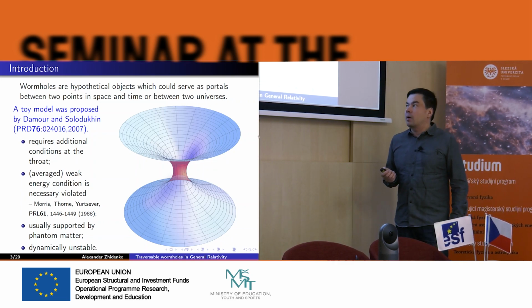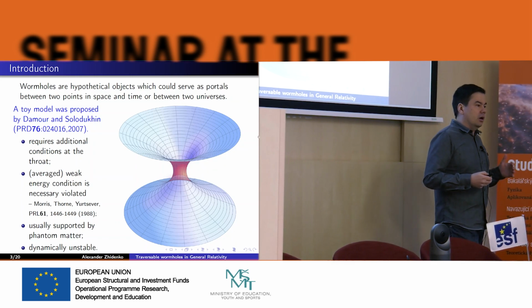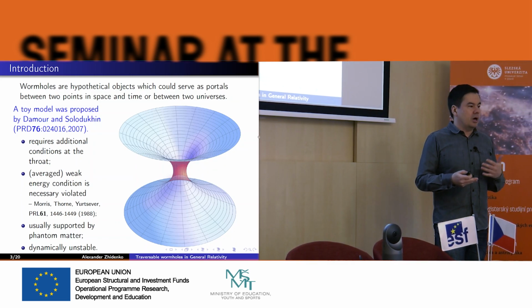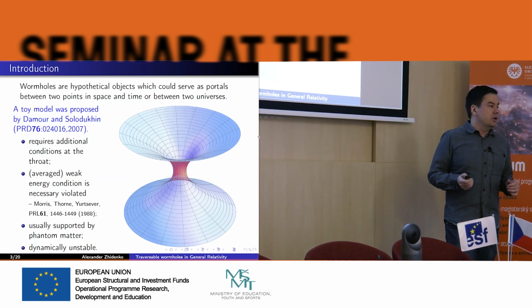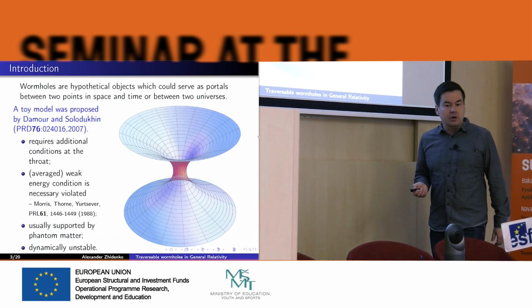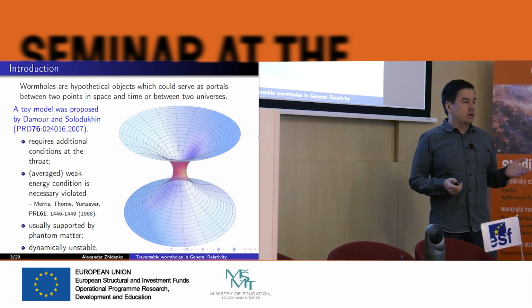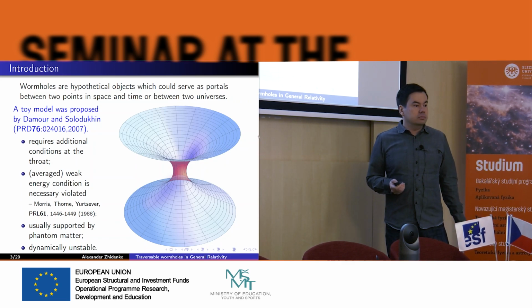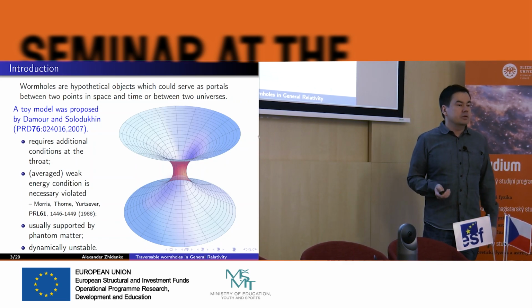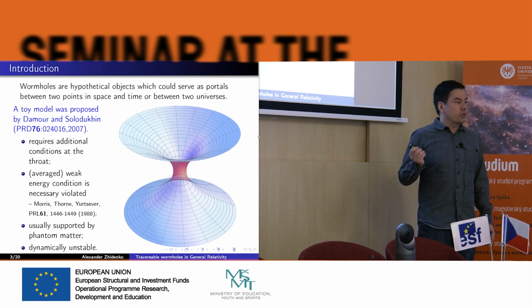And apart from this, we can assume that we can put some kind of matter at the throat and have some configuration like this, because Einstein equations are local. They just relate the curvature and stress energy tensor. So at the first glance, there is nothing which can prevent us to have this kind of configuration.